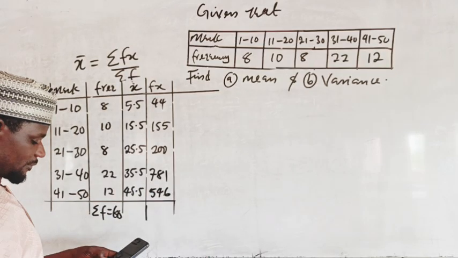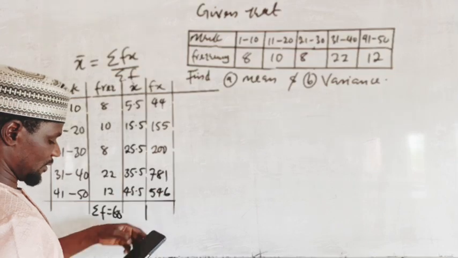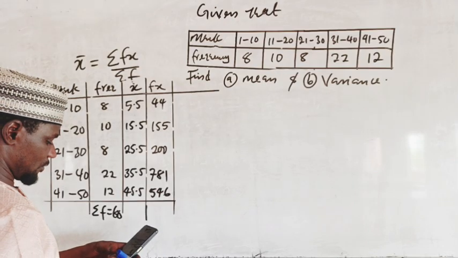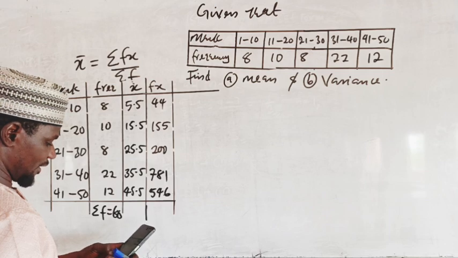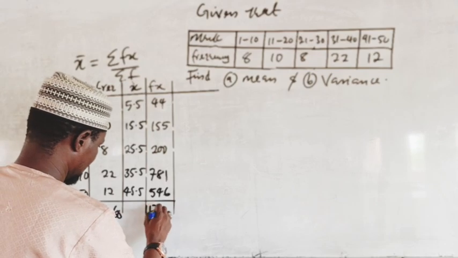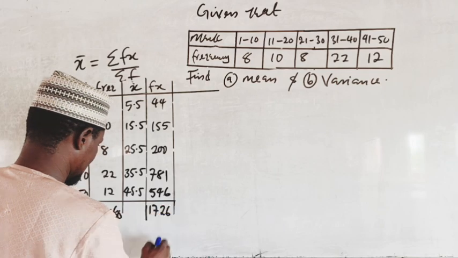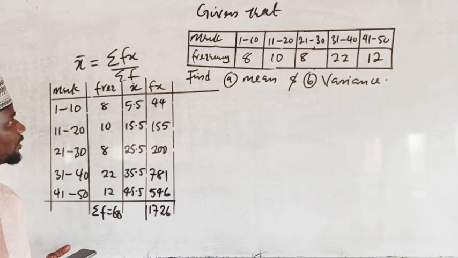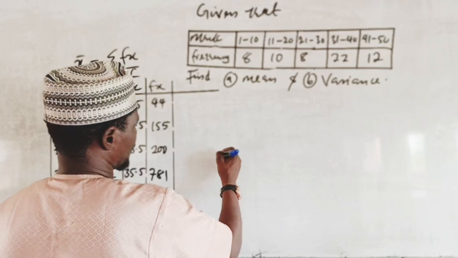So let's find the total of this: 546 plus 781 plus 204 plus 155 plus 44. That is 1,726. Now let's find the mean.